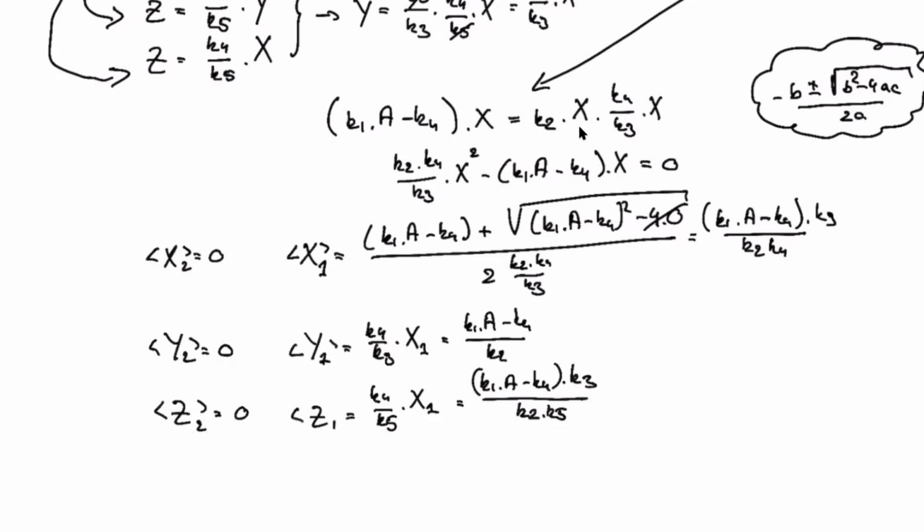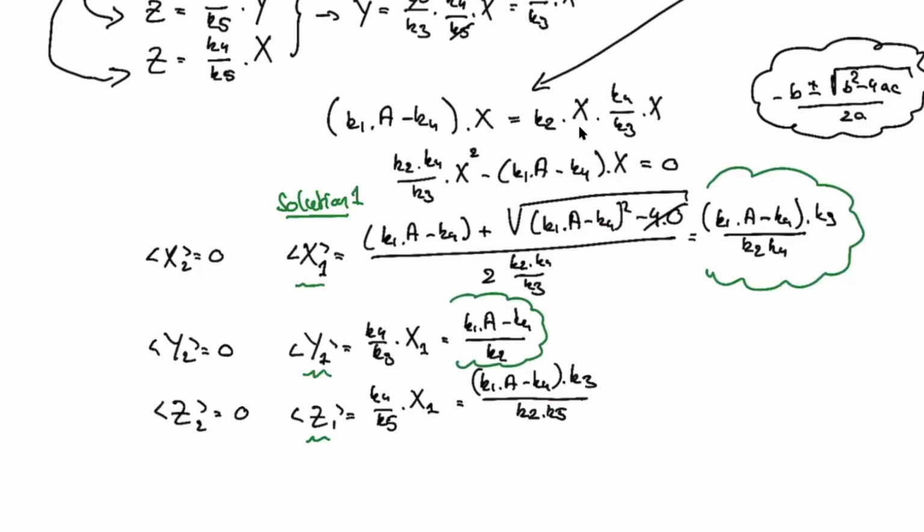Okay, so from the steady state, we can see that there are two solutions. Let me color this. Solution 1, we have x1, y1, z1, this and this.